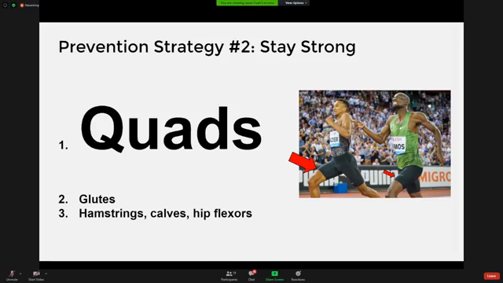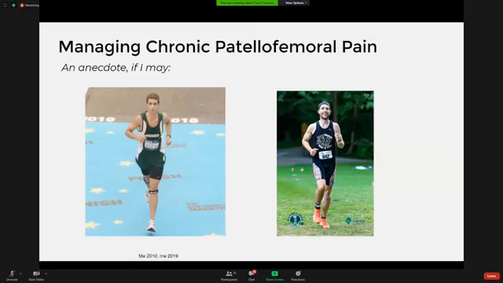So it's a really good kind of middle ground, kind of hard place to start. But again, this is going to be individualized too, because everybody's coming from a different background. But what we would say from a prevention strategy standpoint is keep strong quads. Everything else kind of comes secondary to that for the purposes of patellofemoral pain.